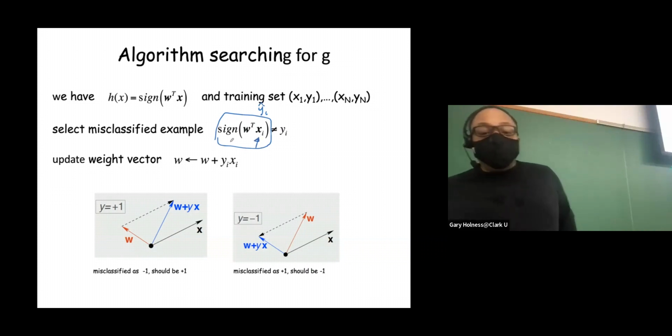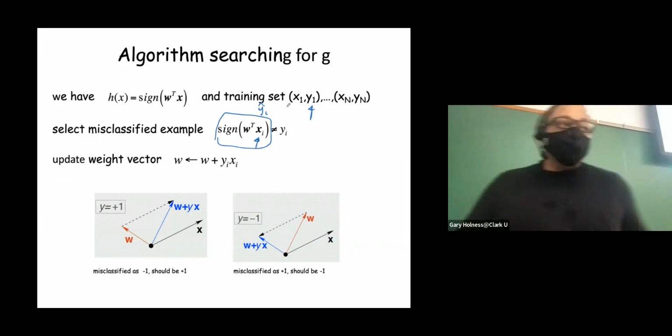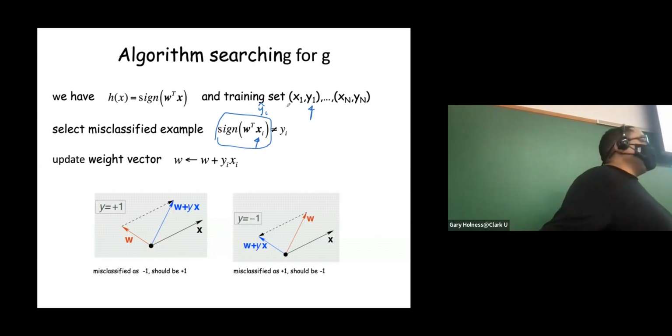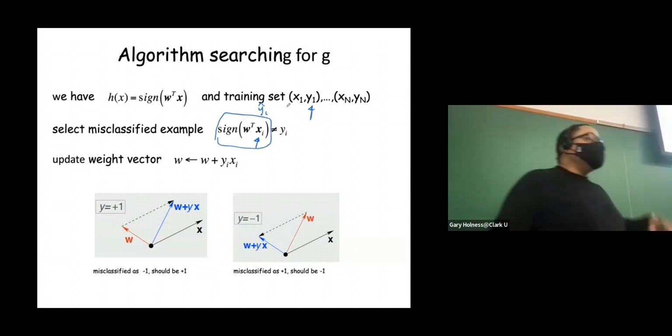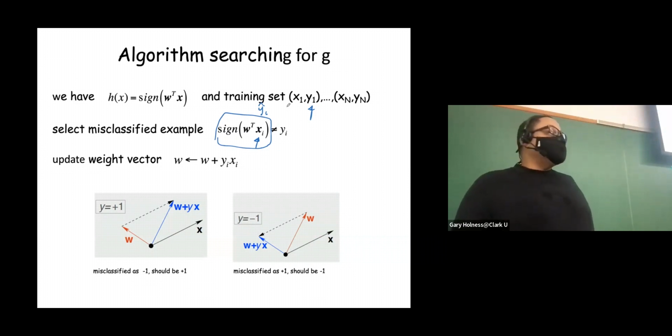Either that will match the ground truth, or it's not going to match the ground truth. So we run our working hypothesis over all of our in-sample points, and those points where the working hypothesis disagrees with the ground truth target function's labeling, we're going to call the misclassified examples. It got it wrong. That's like having the red points on the green side of the line or the green points on the red side of the line. Does that make sense? Okay.